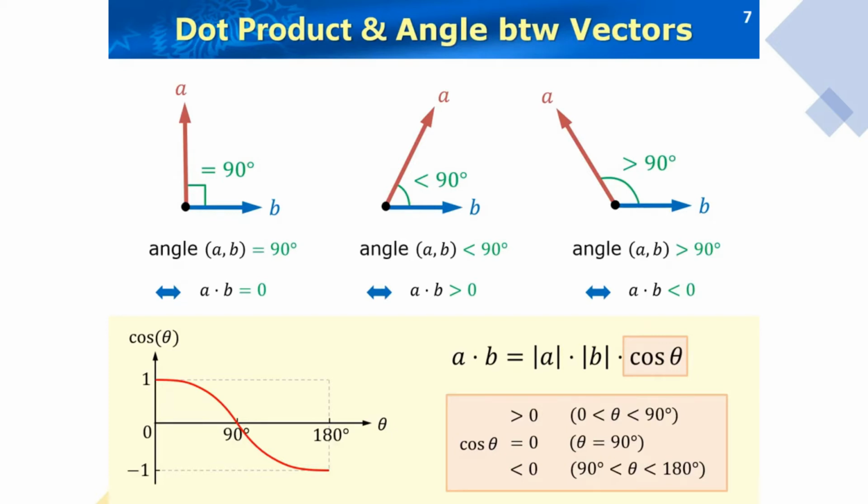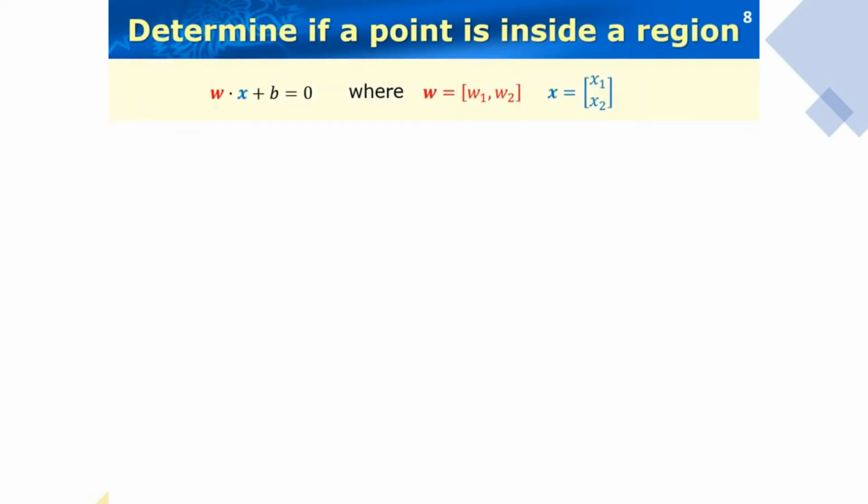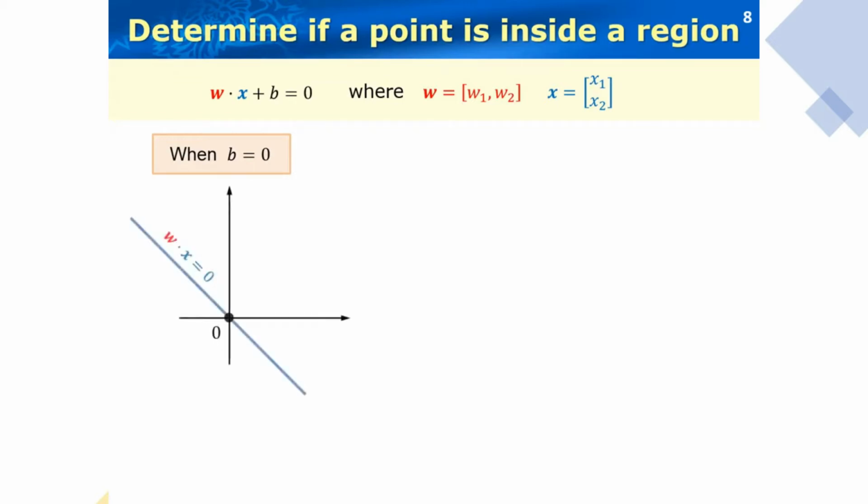Based on this mathematical knowledge, next I will introduce how to determine whether a given point is inside the positive blue region. Given a plane equation wx plus b is equal to 0, for ease of presentation, we first assume b is equal to 0 and w and x are in 2 dimensions. So in this case, wx is equal to 0 is a straight line across the 0 point. The positive blue region is above this line, in which any point x satisfies wx greater than or equal to 0.